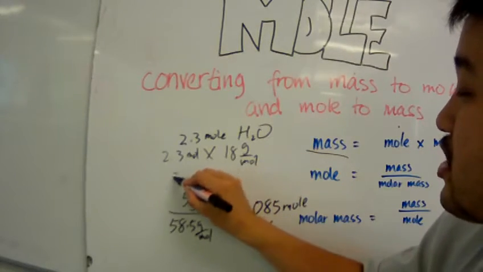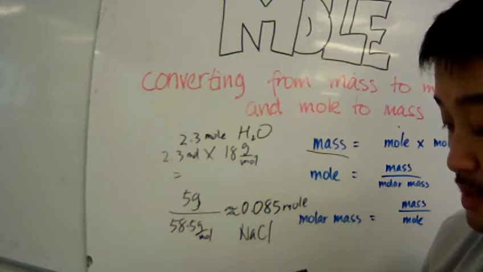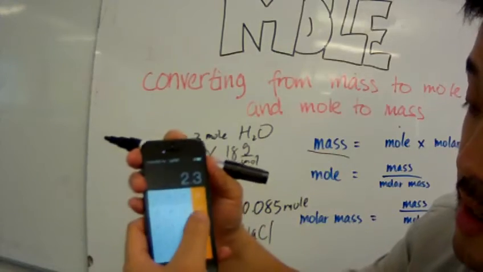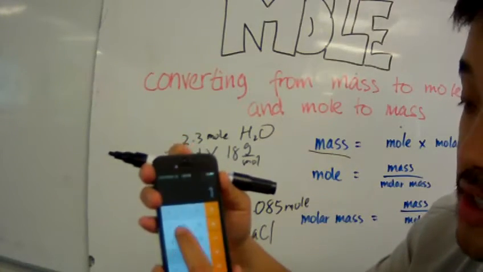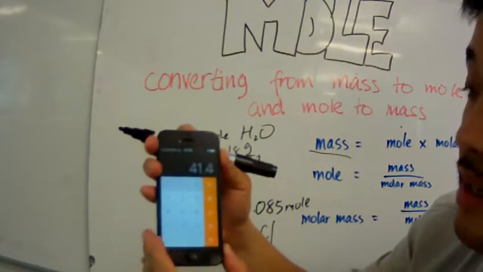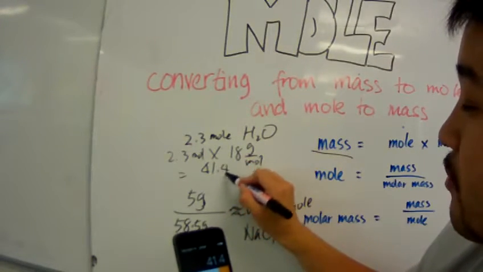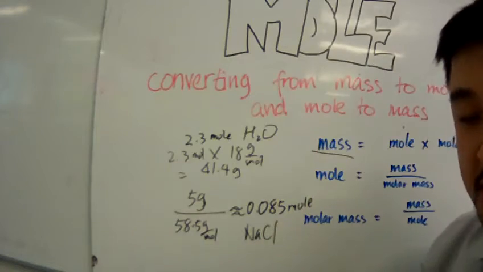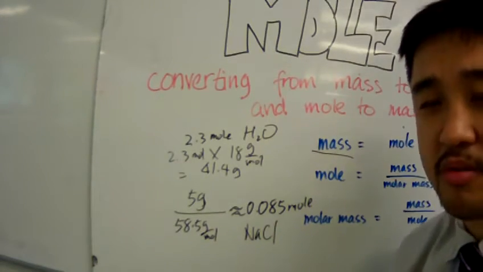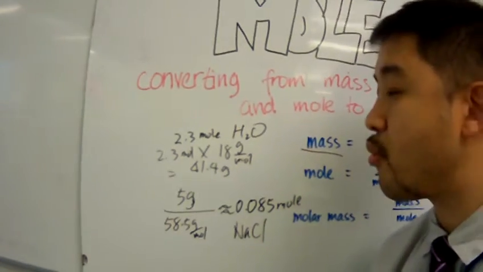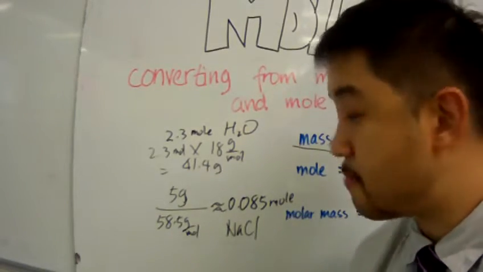That gives us 2.3 multiplied by 18, and that should be 41.4 grams. So in 2.3 moles of water, there should be 41.4 grams of water.